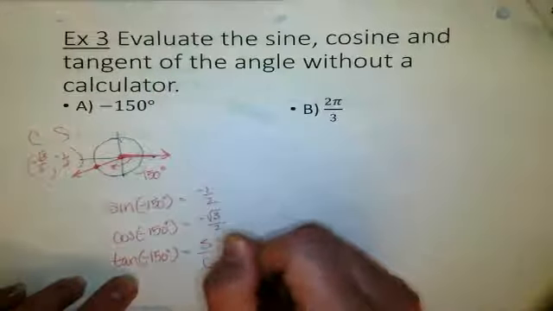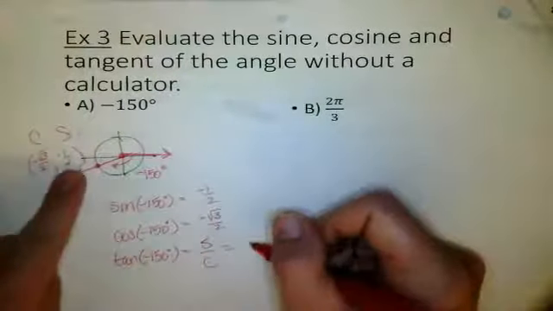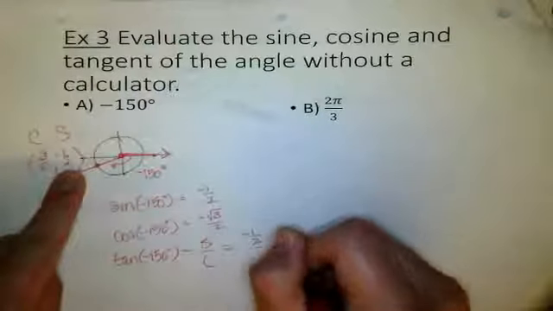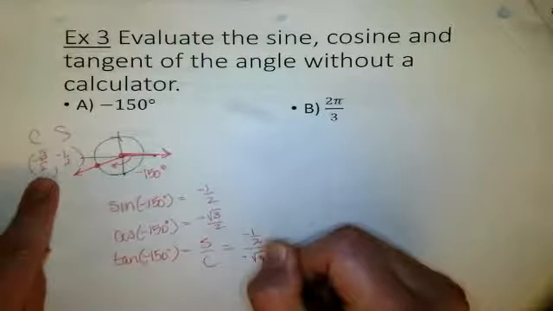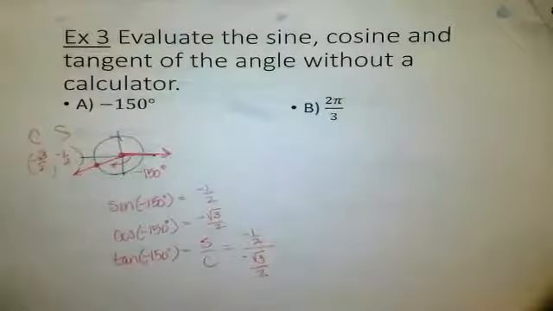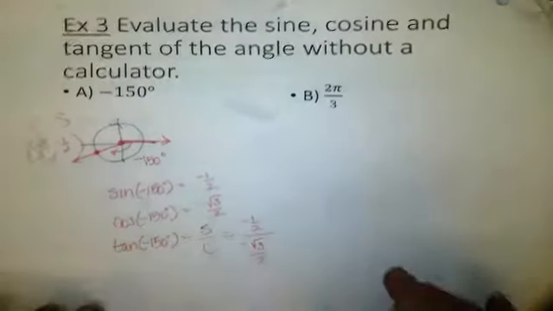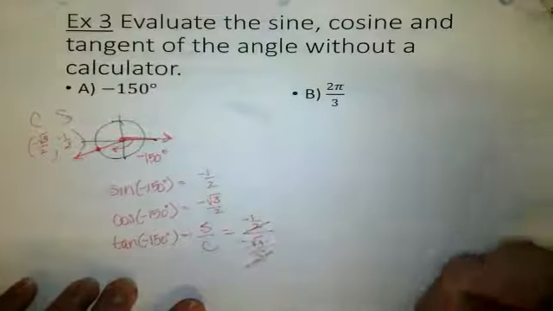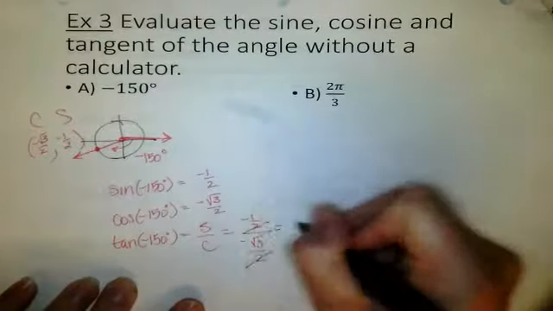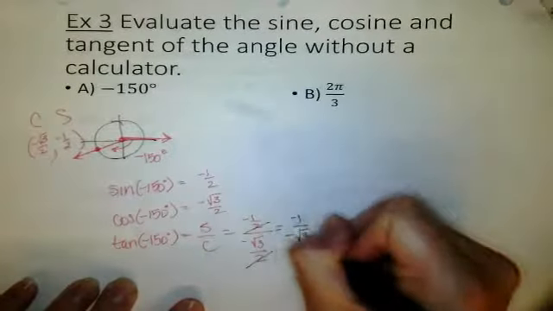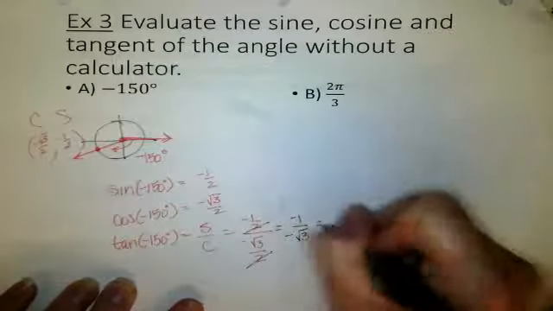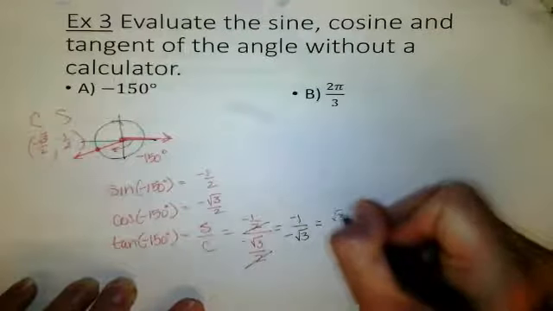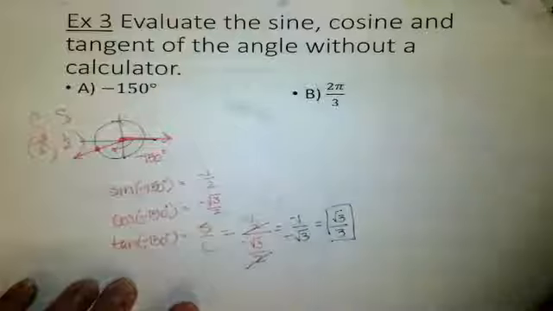Sine over cosine works better here. So sine is negative 1/2 and cosine is negative radical 3 over 2. What happens to the denominators? They cancel. And then we have negative 1 over negative radical 3, which is what? Radical 3 over 3, and it's positive. Very good.